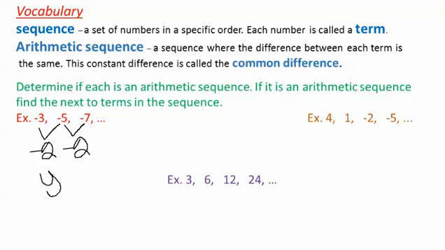Yes, it is. And since it's an arithmetic sequence, we need to find the next two terms. After -7, if I go down two, it's going to be -9, and then down two more is going to be -11.